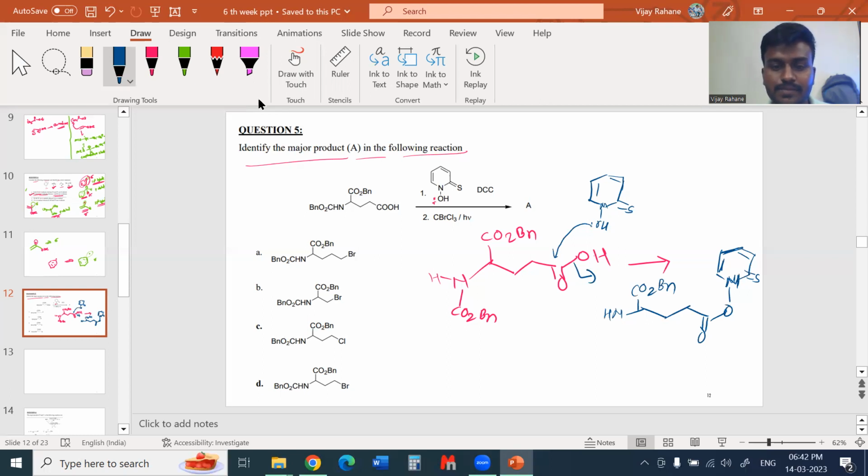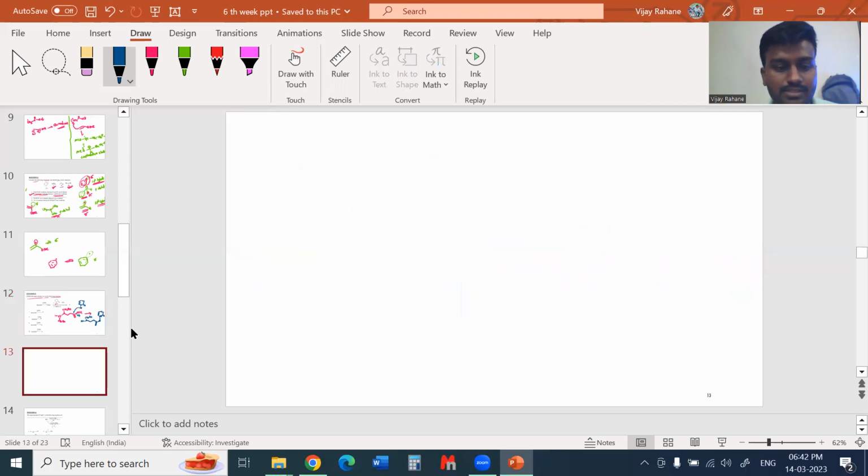Right? In the first step, and in the second step, what happened when it reacted with this CBrCl3 in presence of light? So I will draw the structure in the next one.